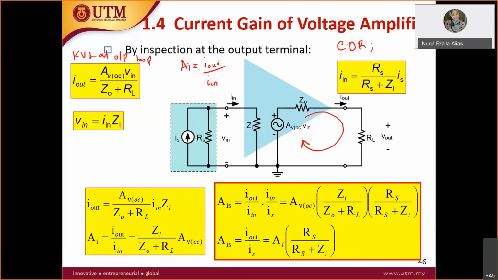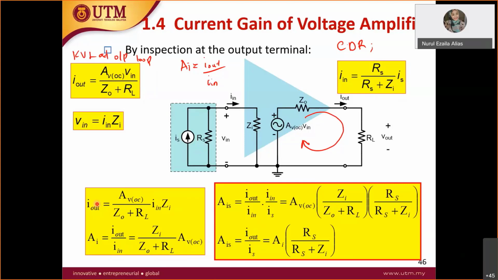So you have V out minus I out Z out, and I out is equal to AVOC V in over Z out plus RL. I believe you all know this one. V in equals I in Z in, so they rearrange the equation.